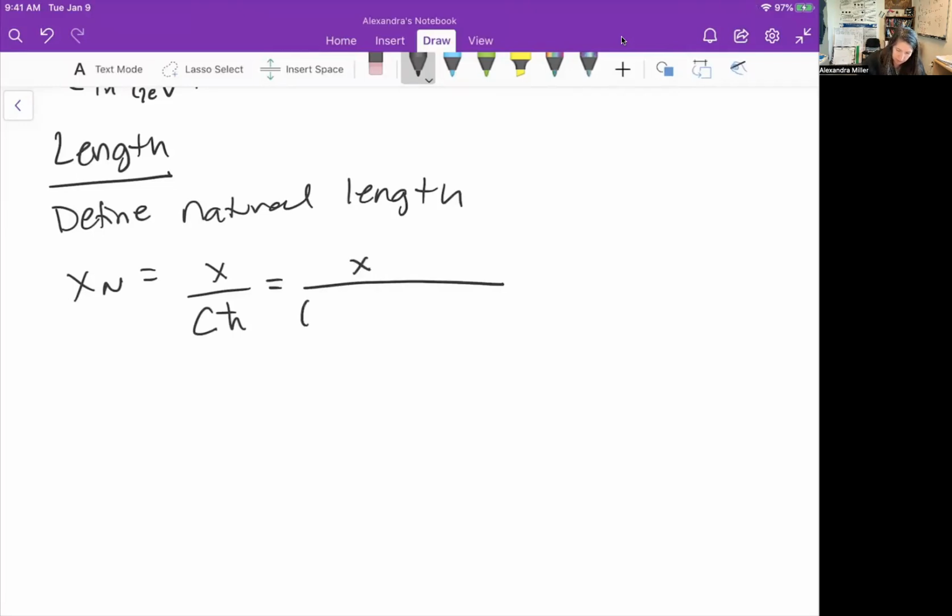So this is x divided by 3 times 10 to the 8 times 1.055 times 10 to the negative 34 joule seconds. Sorry, I'm writing things backwards, and I also forgot my meters per second over here.